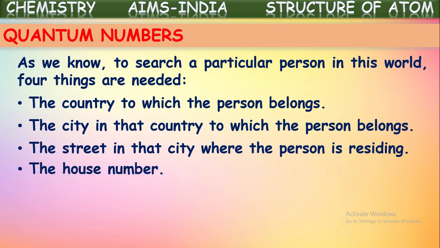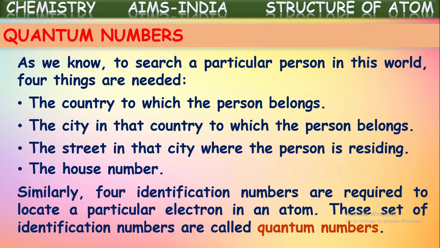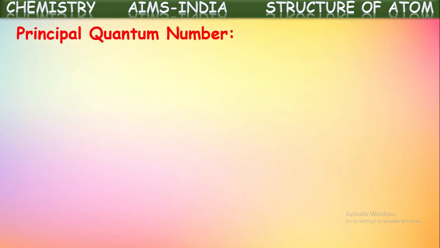If we know these four things, we can search for a person in this world, isn't it? In the same way, four identification numbers are required to locate a particular electron in an atom. This set of identification numbers is called quantum numbers. So now let us see what these quantum numbers are.